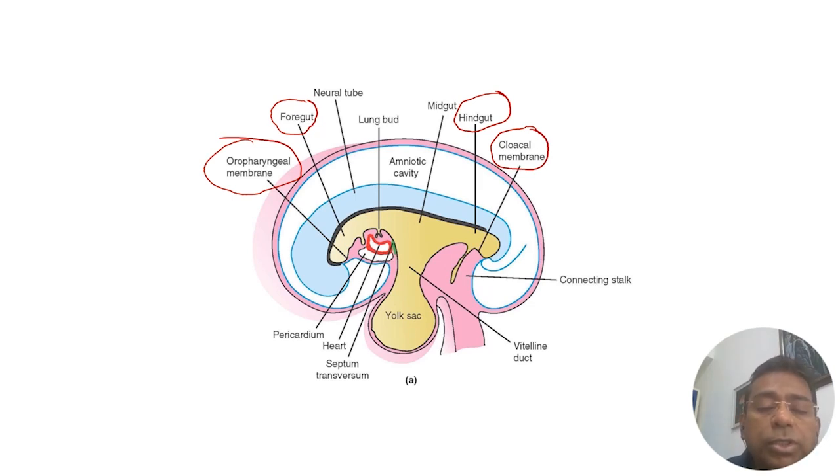Due to the folding, all these structures have changed their position. In between the cranial end and the caudal part, the part of the gut communicating with the yolk sac is midgut.